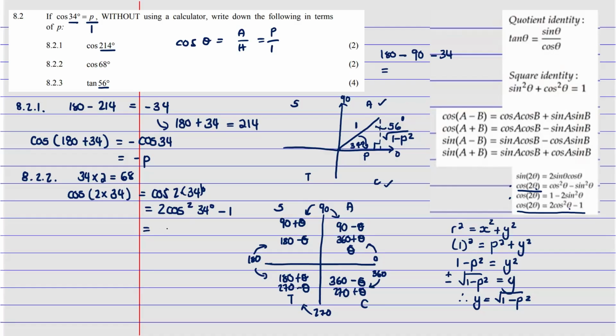So this is the same as saying 2, then open bracket, cos 34, all squared, minus 1. We know that cos 34 degrees is equal to P. So this is going to be 2P squared minus 1. Does that make sense? Yes, ma'am. So that's how you answer that.